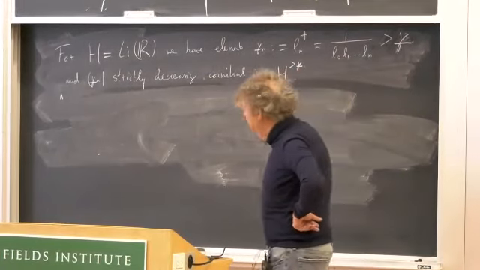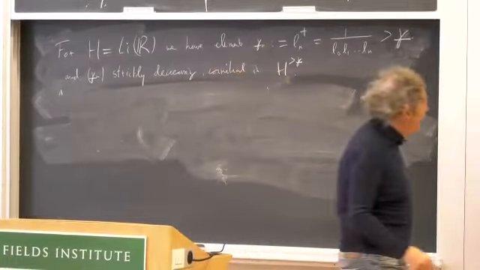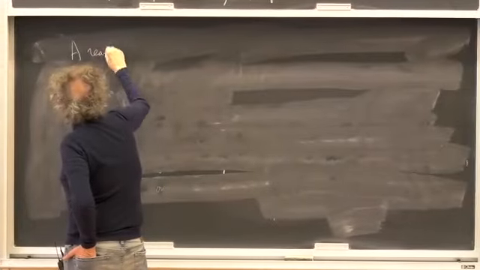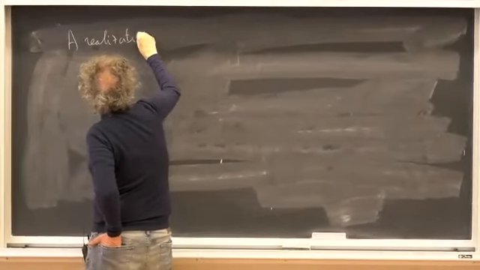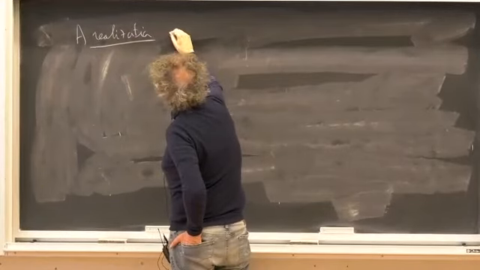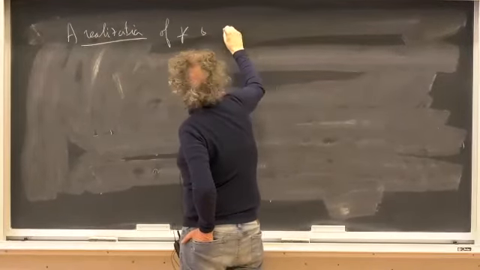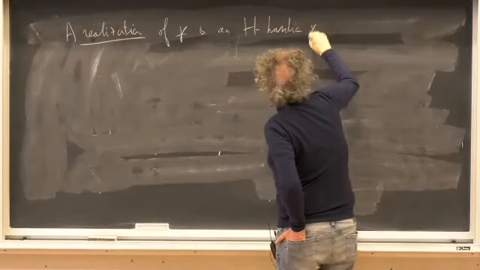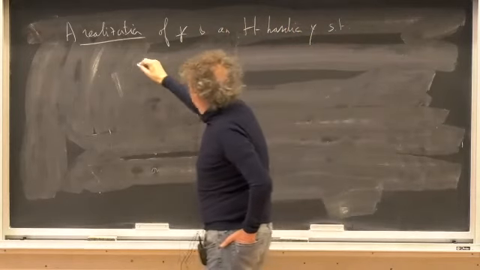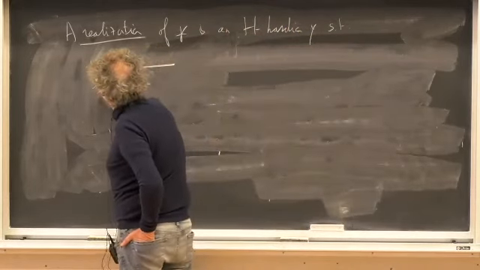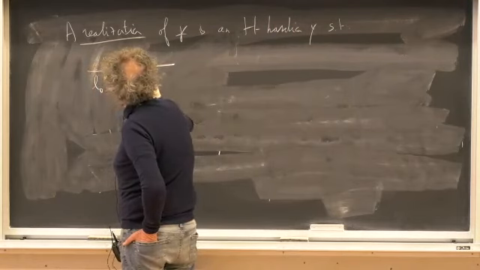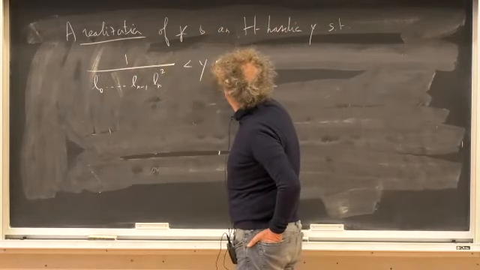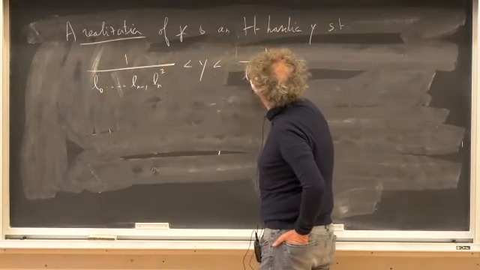It's very easy to make mistakes here. So a realization of gamma is an H-Hardian Y such that it's L0 up to Ln minus 1, and now you write Ln squared here, less than Y, less than 1 over L0 up to Ln.